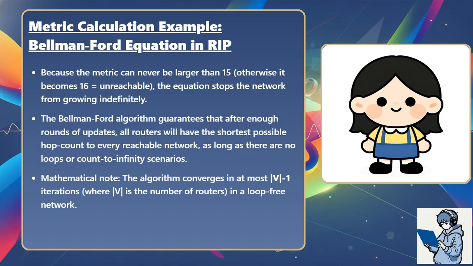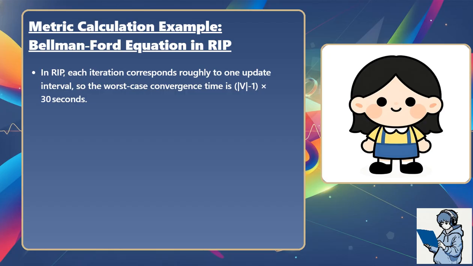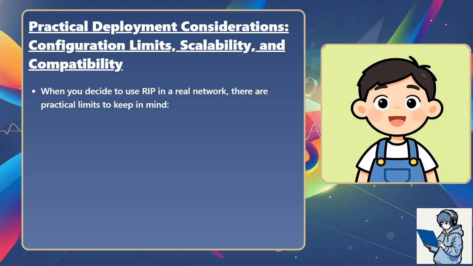Mathematical note: the algorithm converges in at most |V|-1 iterations, where |V| is the number of routers in a loop-free network. In RIP, each iteration corresponds roughly to 1 update interval, so the worst-case convergence time is (|V|-1) times 30 seconds.